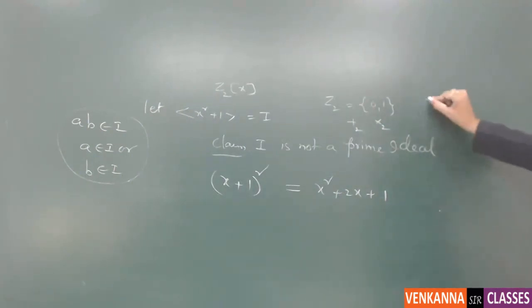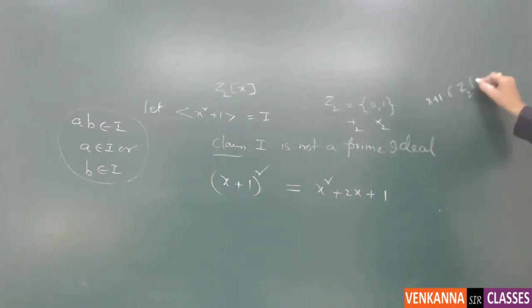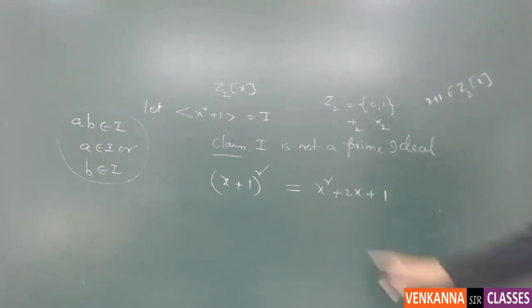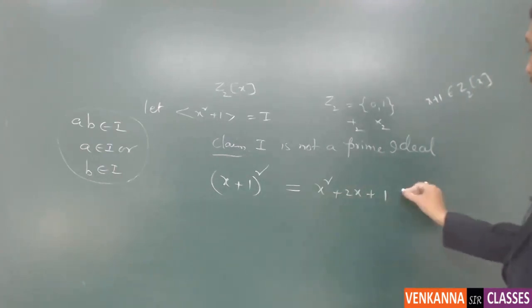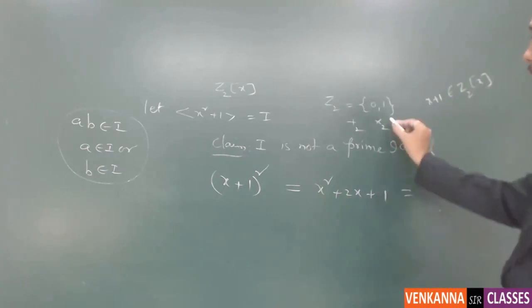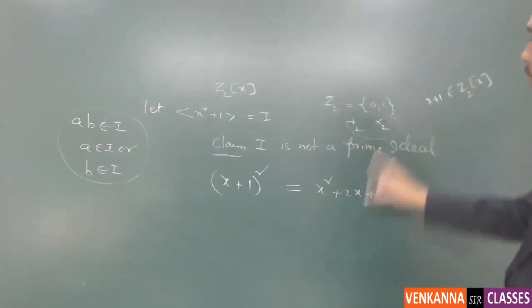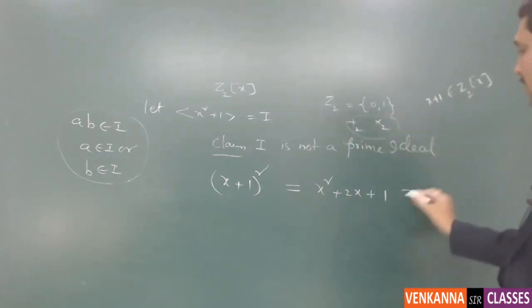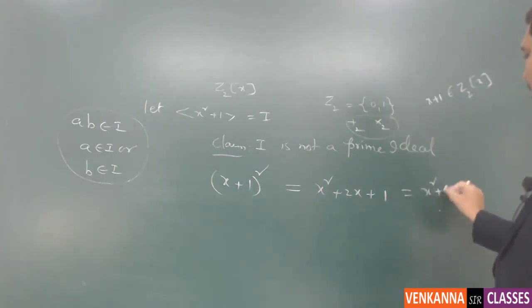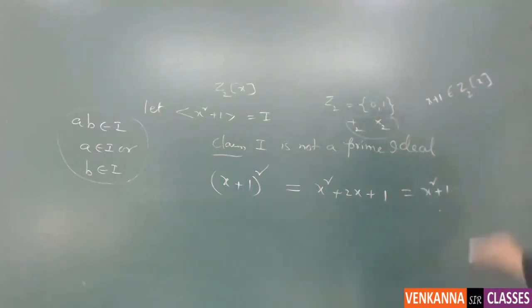So basically, x plus 1 is a polynomial in the ring Z2 of x, and I have considered x plus 1 whole square. Since you are applying the operations under modulo 2, the 2x term is 0. It is nothing but x square plus 1. So this value belongs to the ideal generated by x square plus 1.